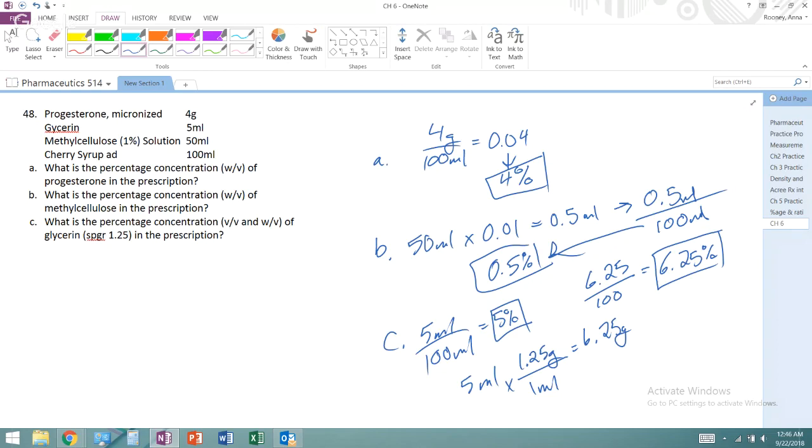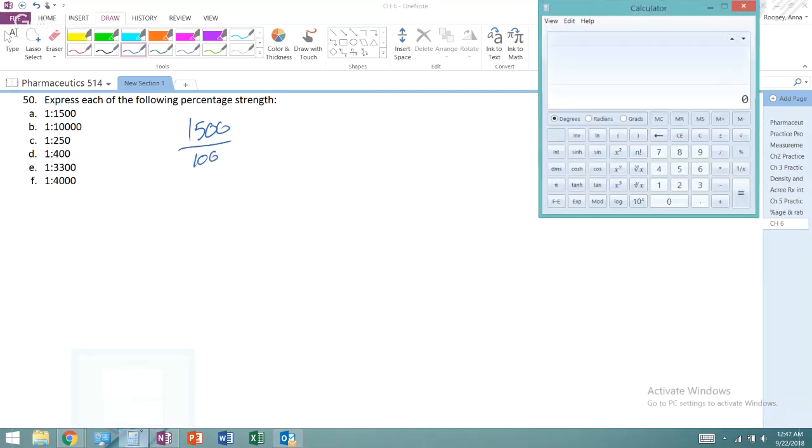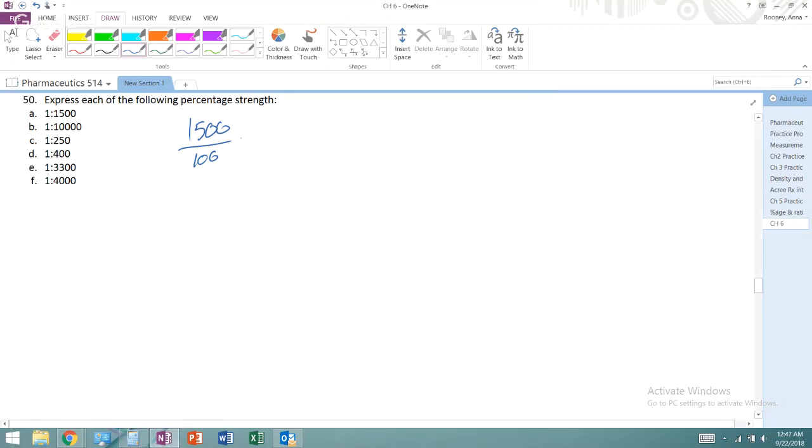And we have number 50. Next one. This one is easy. You would take 1,500 and divide it by 100. 1,500 by 100 equals 15. And then that is your 1 out of 15%.